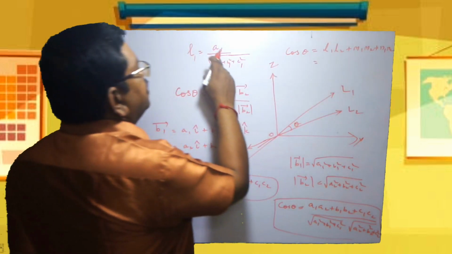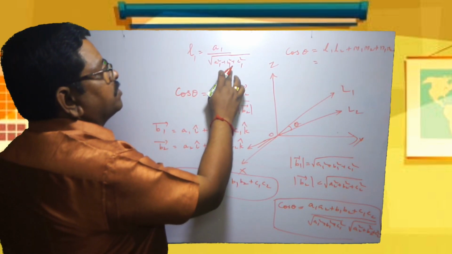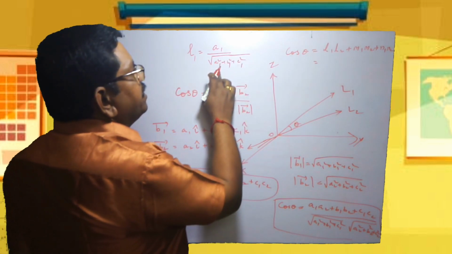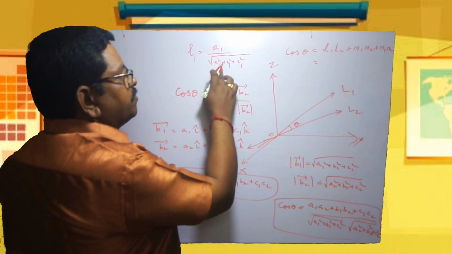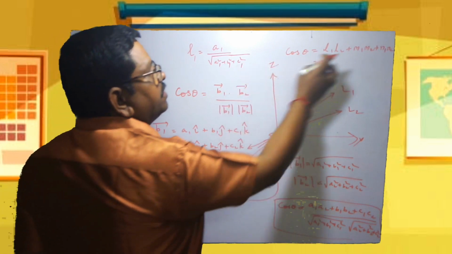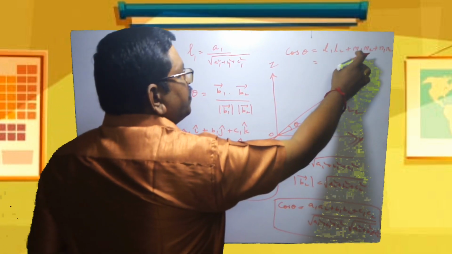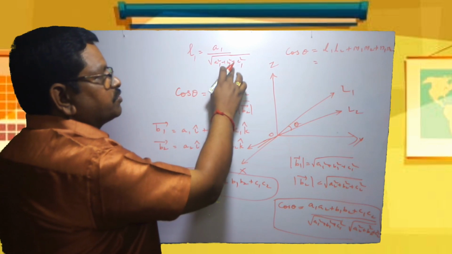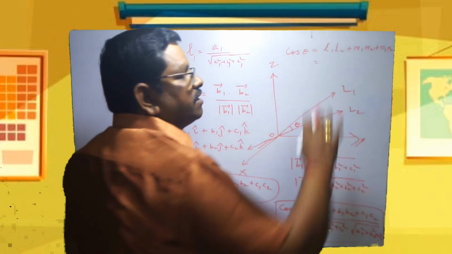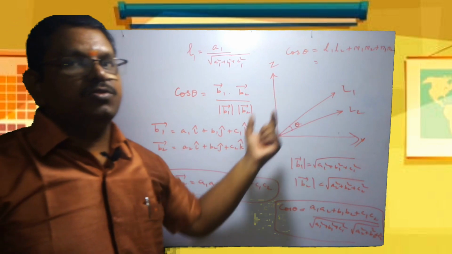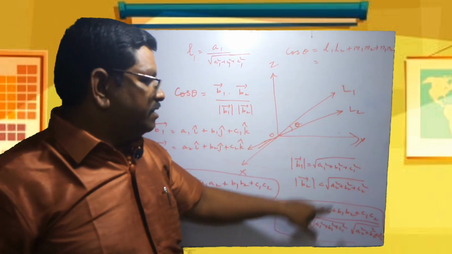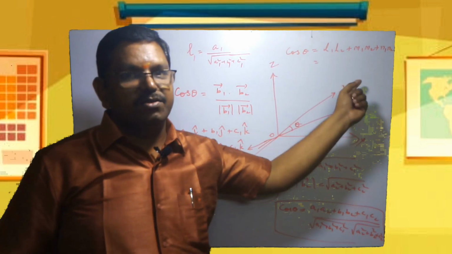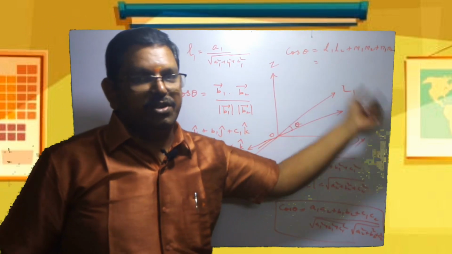Remember, l1 is nothing but a1 by square root of a1 square plus b1 square plus c1 square. l2 is nothing but a2 by root of a2 square plus b2 square plus c2 square. Here the m1 value is b1 by square root of a1 square plus b1 square plus c1 square. Similarly, the remaining values. When we substitute all these values, we will get this form into another form, that is cos theta is equal to l1 l2 plus m1 m2 plus n1 n2.